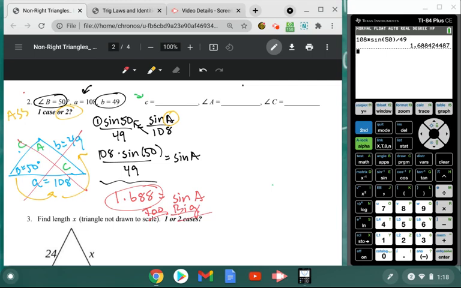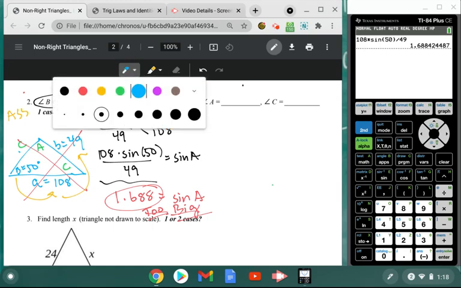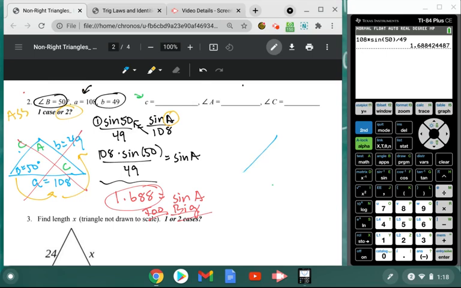The triangle that I drew is okay, but in reality, with this 50-degree angle and 108 here, this 49-unit length cannot reach to the other side.